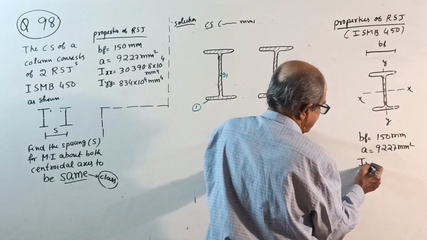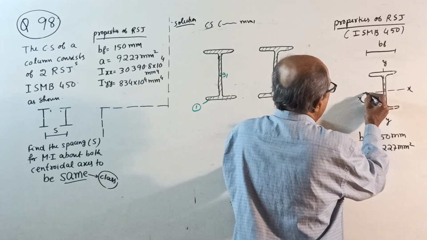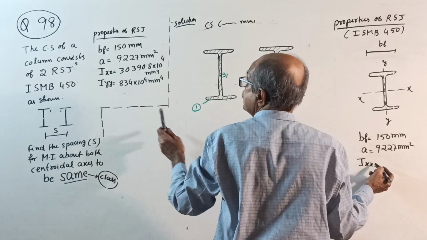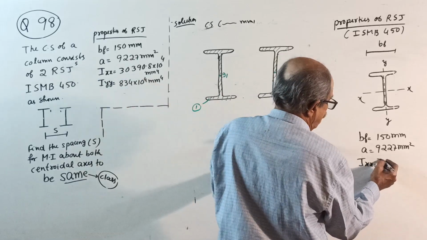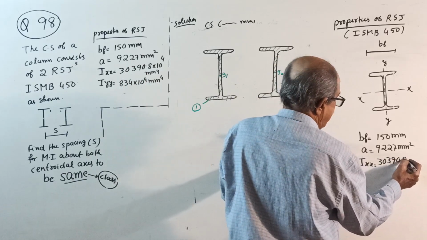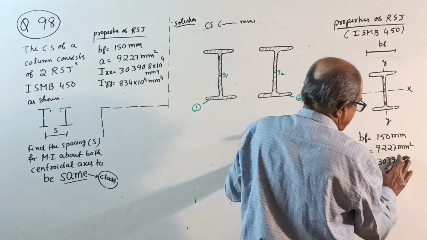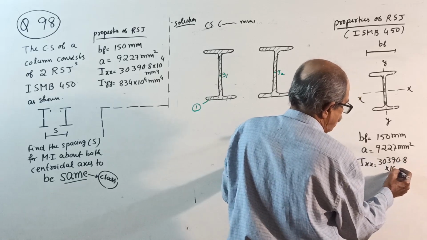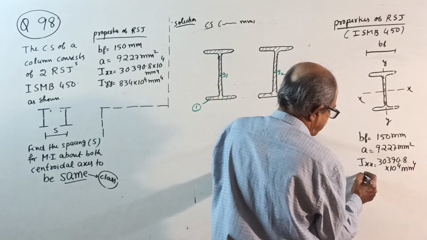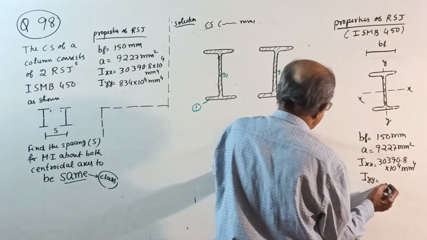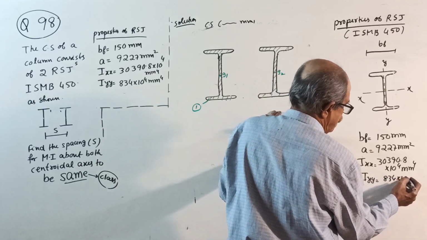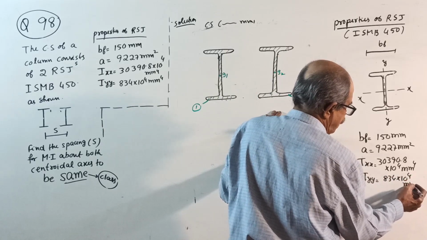I about XX, that is about this axis, is 30390.8 into 10 to the power 4 millimeter power 4. IYY is also given, 834 into 10 to the power 4 millimeter power 4.